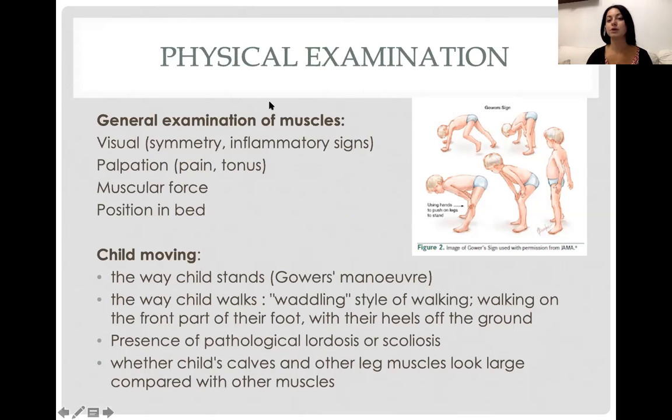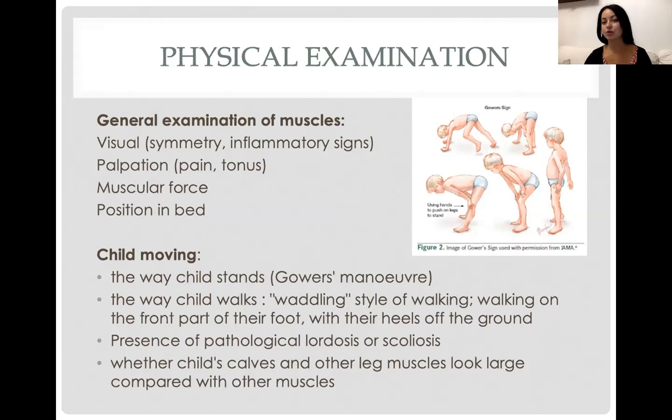Look at the picture, Gowers' sign, look how it looks. It is difficult for a child to stand up. You ask a child to stand up, and the child first tries to find support with one leg and two hands, and with difficulty lifts up his legs, the lower part of the trunk.